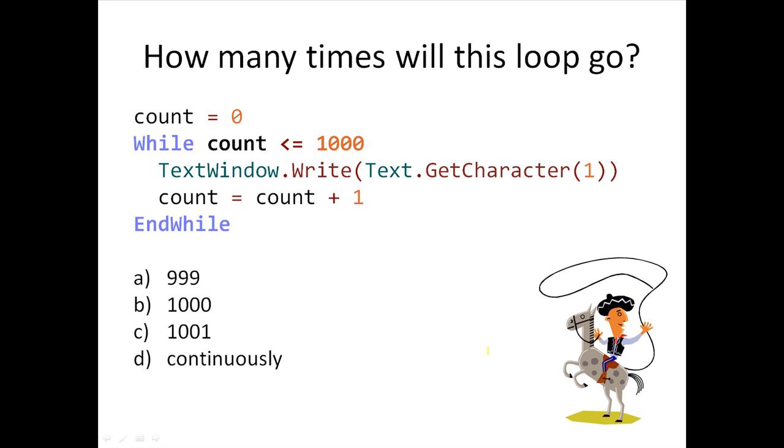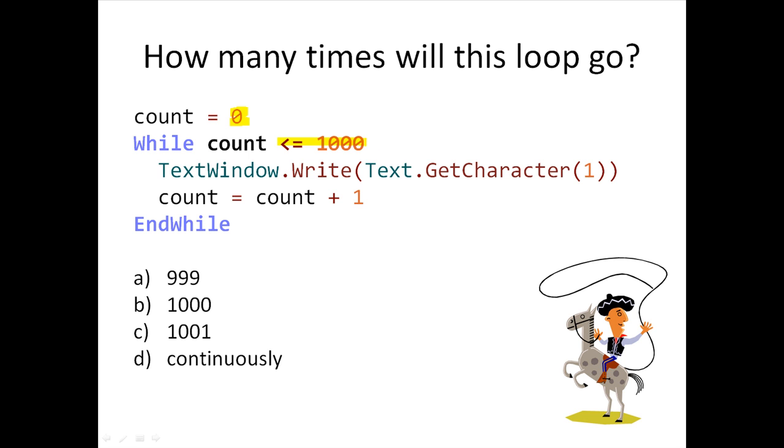Okay, here's the next one. If you like, you can pause the video and try to figure it out. The answer will be coming up very shortly, but basically this loop is just like the one on the last slide, except look where we start counting. We start counting at 0.